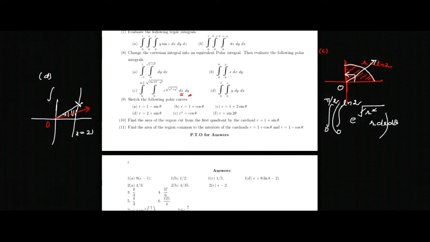Our r is varying from 0 to this line. x = 2 means r cos theta = 2, which means r is 2 upon cos theta. So the limits for r will be 0 to 2 upon cos theta, and y is replaced with r sin theta, dy dx is replaced with r dr d theta, and theta is varying from 0 to pi by 4 because this is the x = y line.